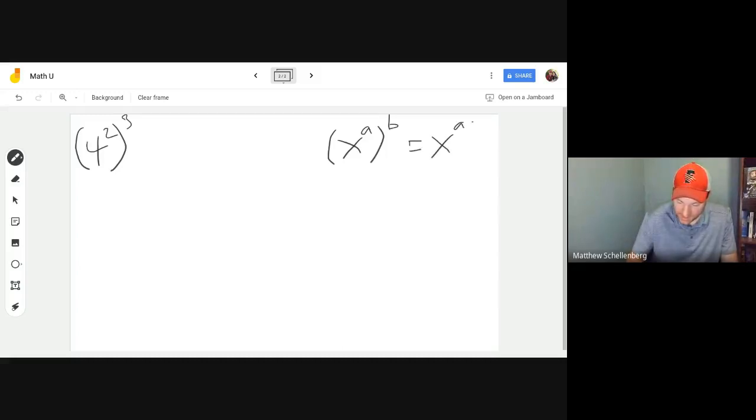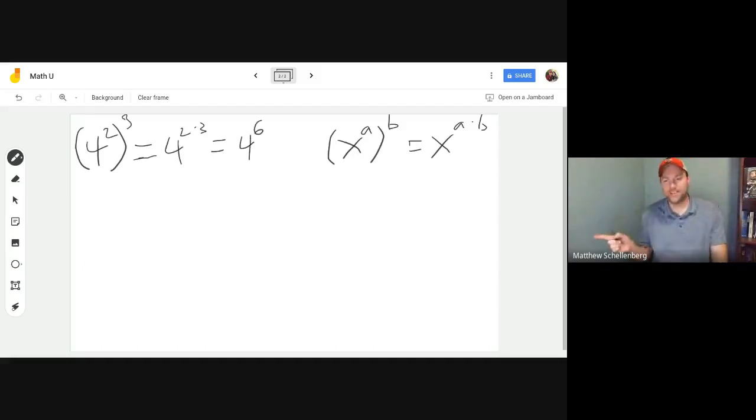They have a times b. And so let's see what that would be here. So that means that this is 4 to the 2 times 3, otherwise known as 4 to the 6th. So why is this one being multiplied and the other one being divided?